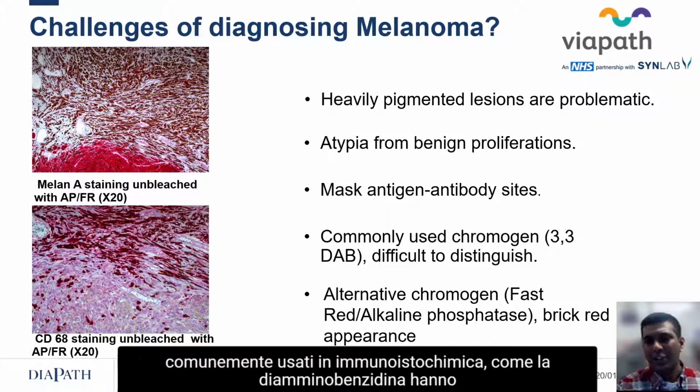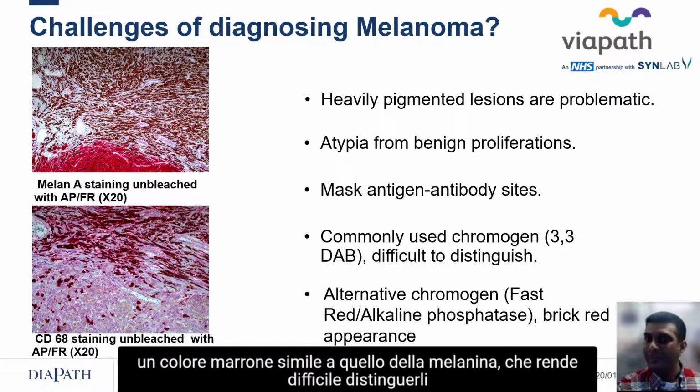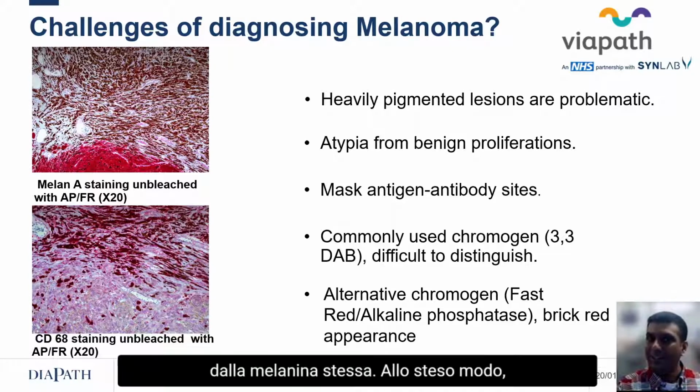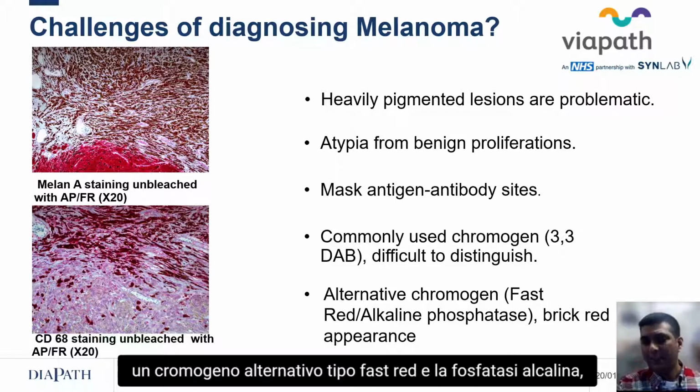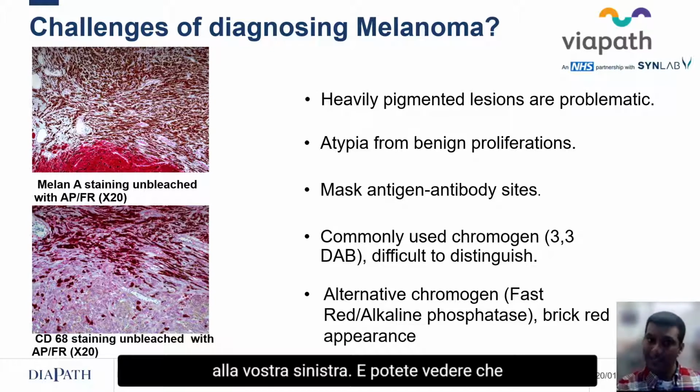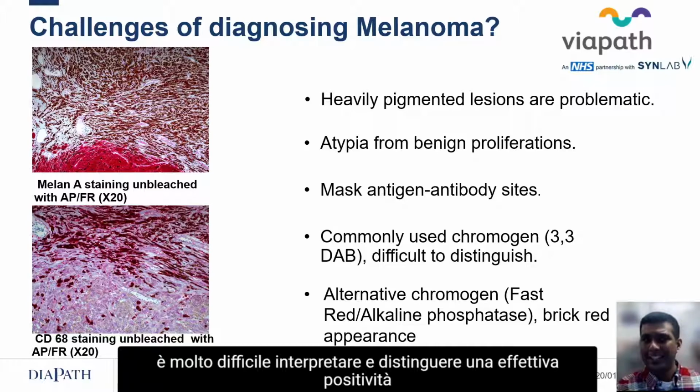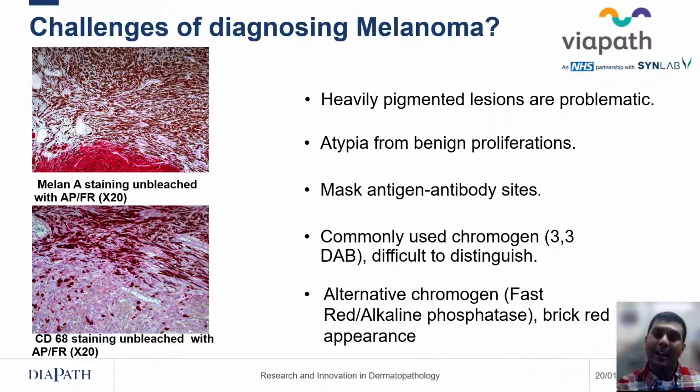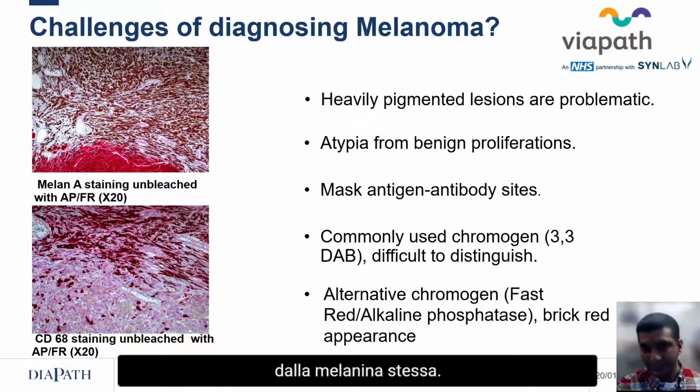As well as that, commonly used chromogens in IHC, such as DAB, have a similar brown color to melanin, which makes it difficult to distinguish genuine positivity from melanin itself. As well as that, alternative chromogens such as fast red and alkaline phosphatase, when mixed with the melanin, produce the brick red appearance, which you can see on the examples on your left-hand side. And you can see that it's very difficult to interpret and distinguish genuine positivity and the melanin itself.